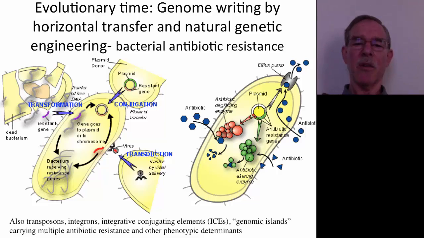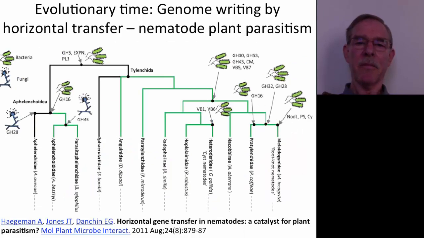And the bacteria were using mechanisms that were completely unknown to conventional evolutionary thinking. Now, horizontal transfer does not just occur between prokaryotic cells in the bacteria and also in the archaea and between them. It occurs in eukaryotic cells.